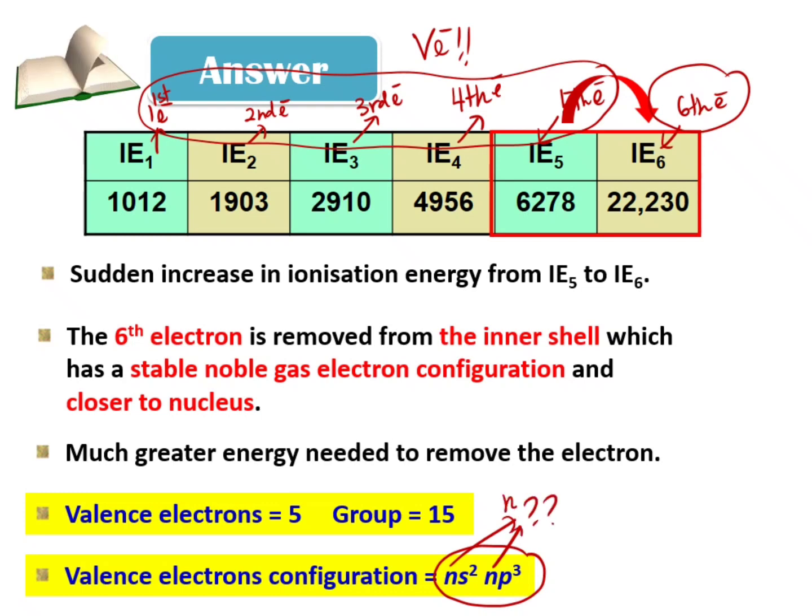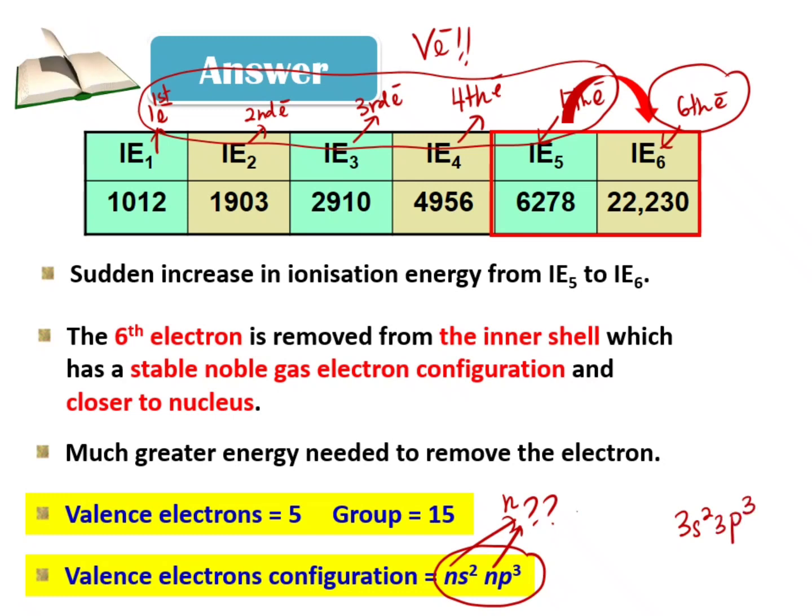Kan berapa dia punya N? Sebab from successive ionization energy we cannot identify the period. Kecuali kalau dia dah bagi tahu, okay, this element in period 3. So you boleh terus dapat dia punya outer shell adalah 3s2 3p3.